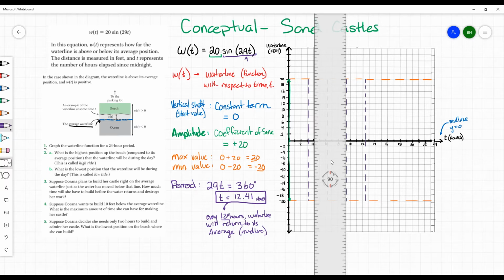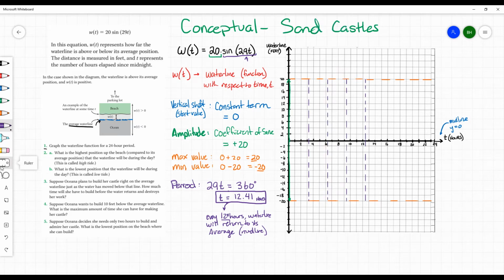So, yes, I did round our period just a little bit to 12.41. So over here, we have an x value of 12.41. This is known as our period. And then right in the middle is going to be half of that period. So x equals 6.2 or roughly.